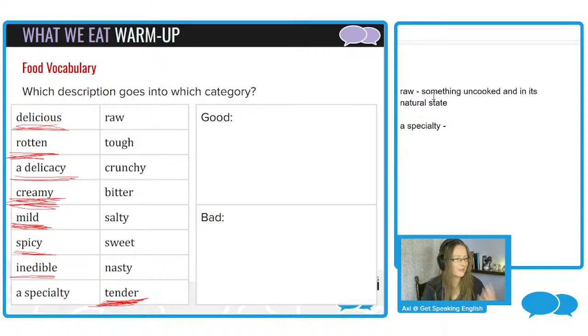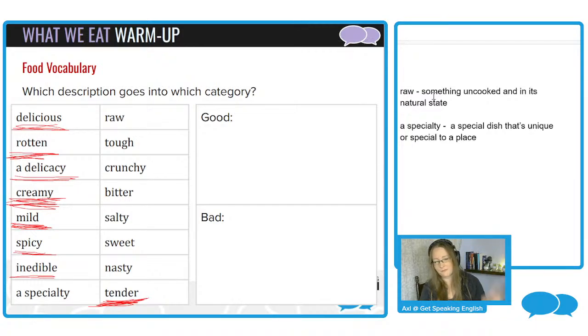So a specialty is kind of like a special dish that's unique to a place, for example, but we could also talk about it for a person, like the best thing that they can cook.